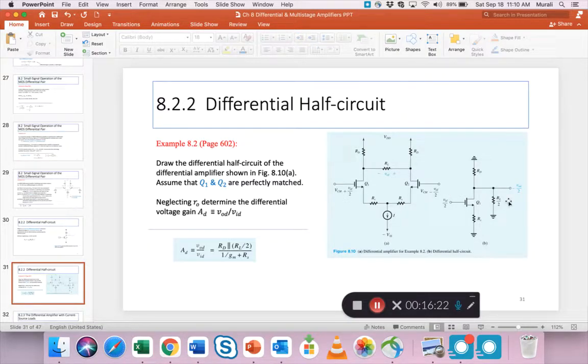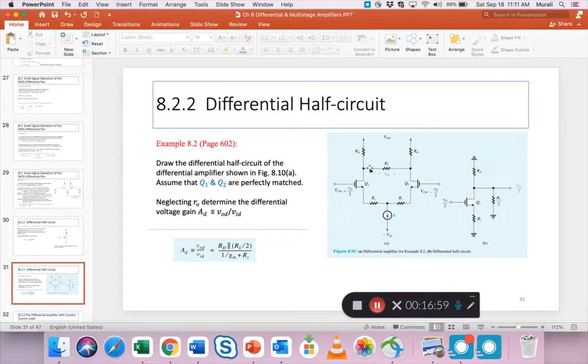So if you have to include the source resistance, then the question is, determine the differential voltage gain AD equals VOD divided by VID. And the differential gain comes out to be, it actually has RL also in the formula, which is a little surprising.